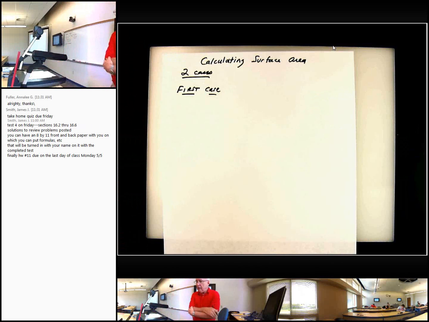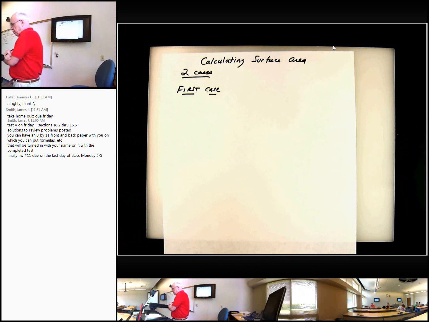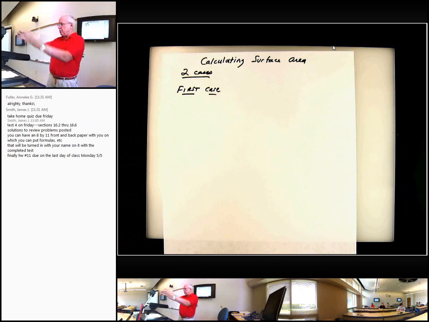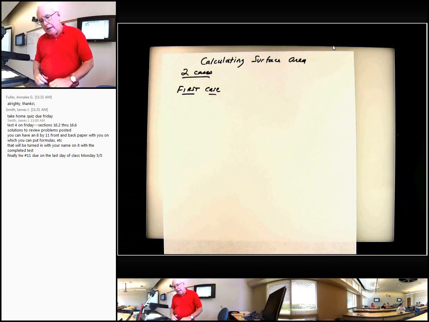So we're trying to figure out a certain surface area. We've got a surface floating around. Somehow we've limited off a certain part of it, and we want to find out what's the area of that surface that we're looking at.